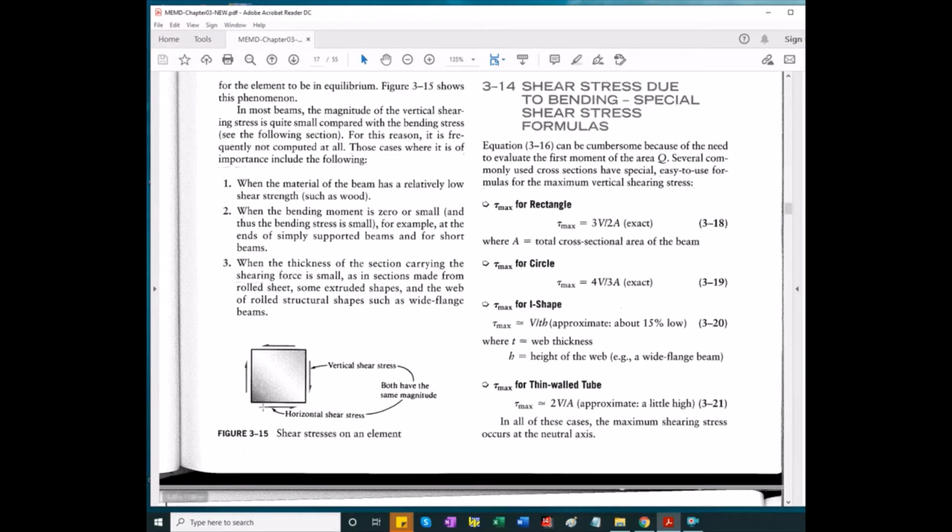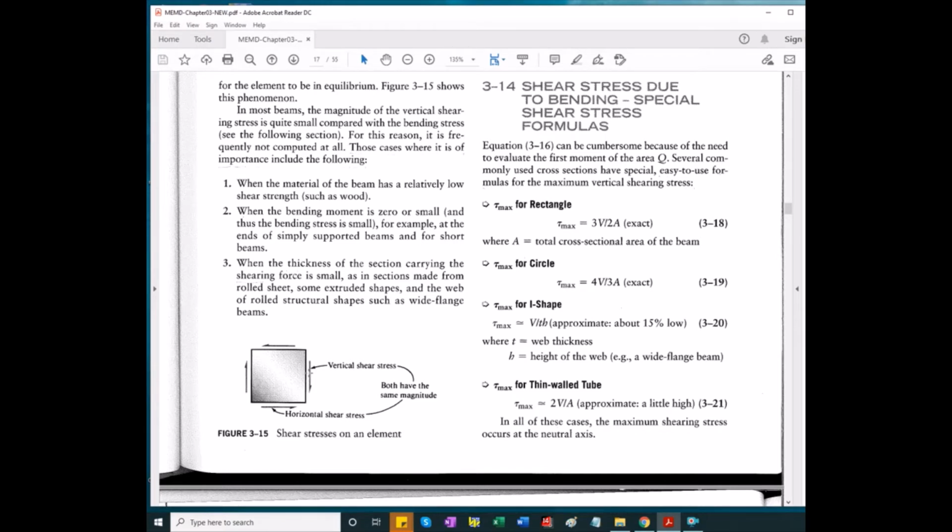The way it's shown here, the element after deformation will be like so, a diamond tilting to the left. That change in angle from what was originally 90 degrees is the actual shear strain, which is measured in radians.